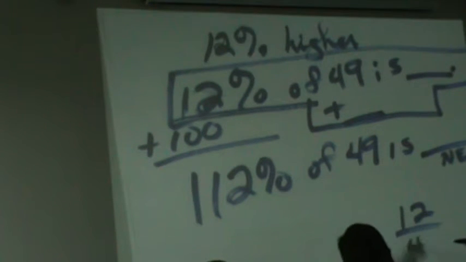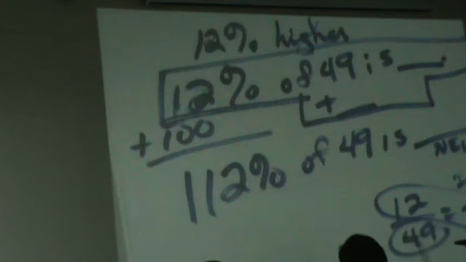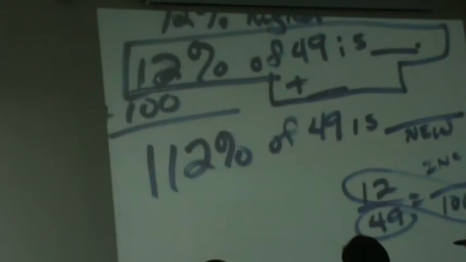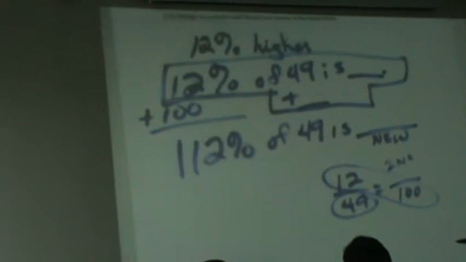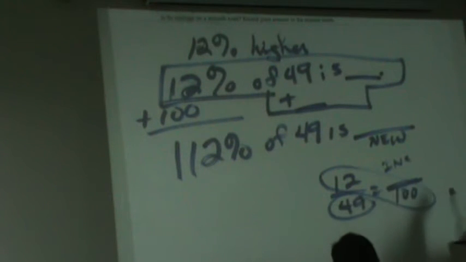12% of 49 is how much it increased by, right? How much did it increase by? 1,200 divided by 49 is what? Anybody got it?